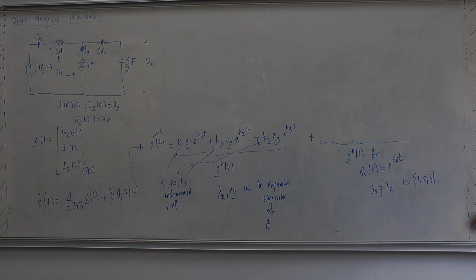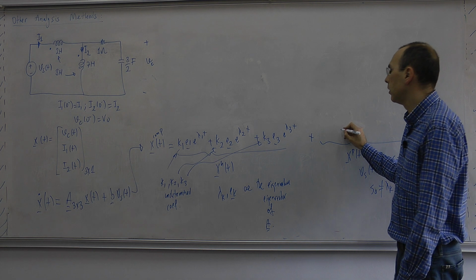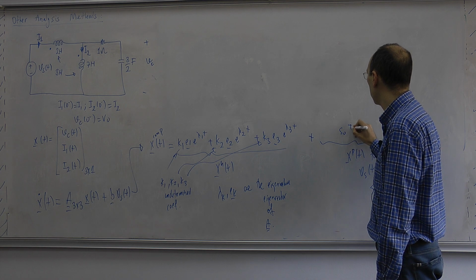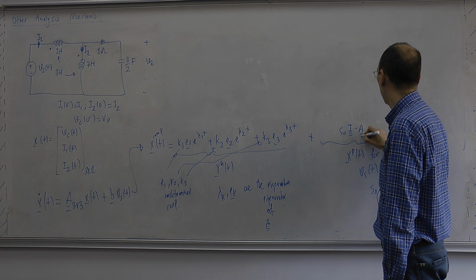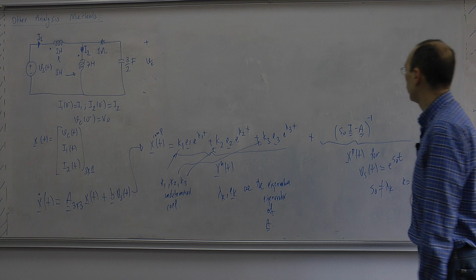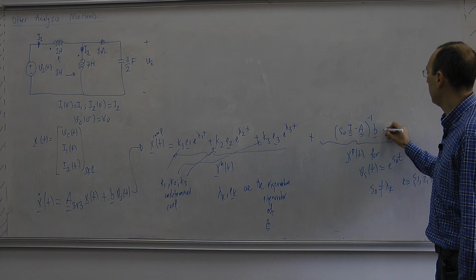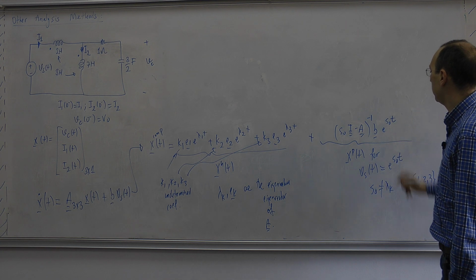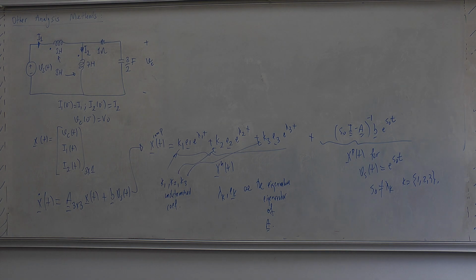So s naught is different from the natural frequencies of the circuit. So what is this part? Well, again, we have studied this a little bit. s naught I minus A inverse B e to the s naught t. Okay. So s naught is this s naught, and so on.